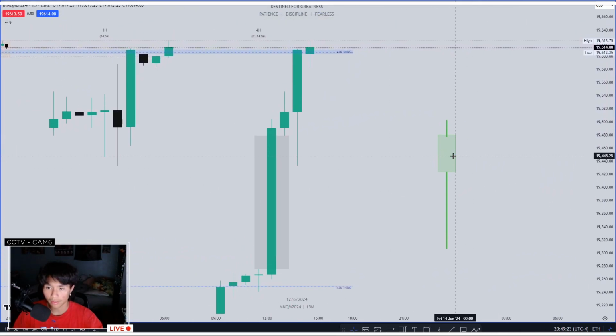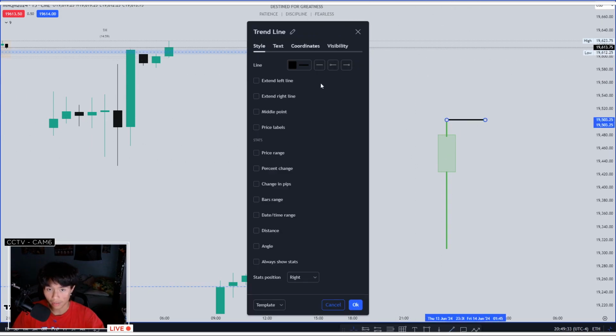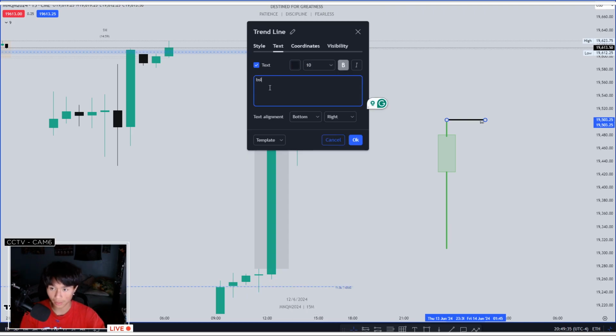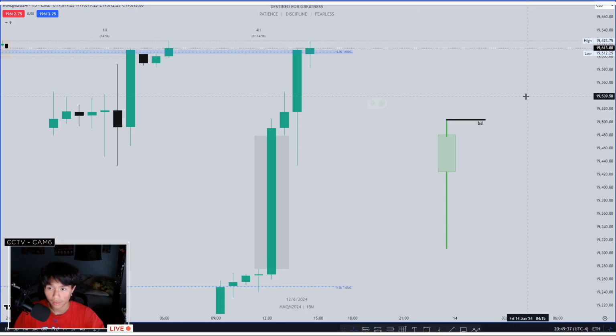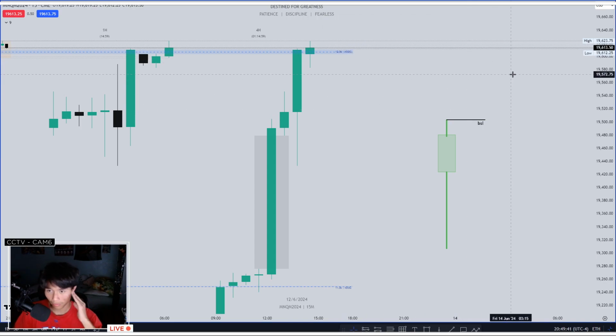Okay, something like that. I am anticipating for this candle's high to be taken. I'm going to note that as buy side. So with that in mind, that's an objective already, just looking at how this candle closes.